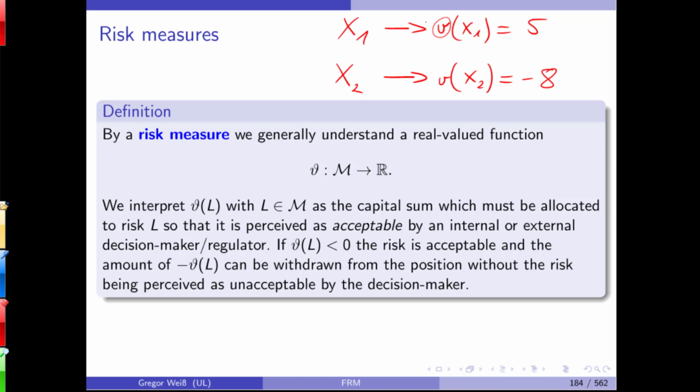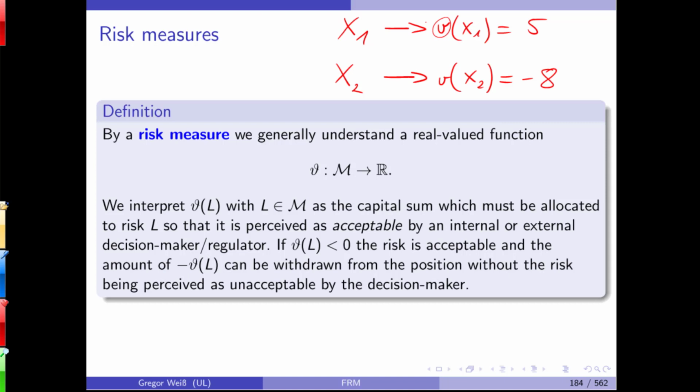Think of it as your savings account. If you have 5,000 euros in your savings account, you have no risk, but you can withdraw 5,000 euros from your savings account before it becomes unacceptable for the bank, for example.